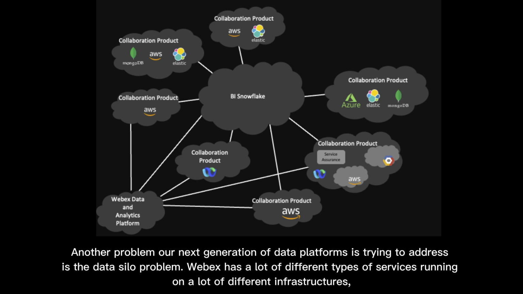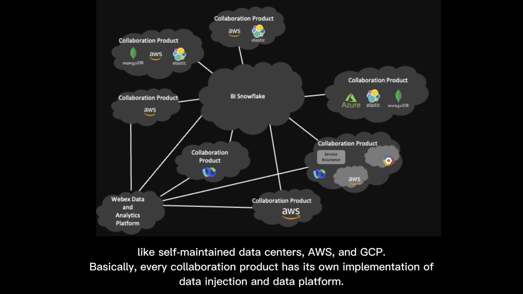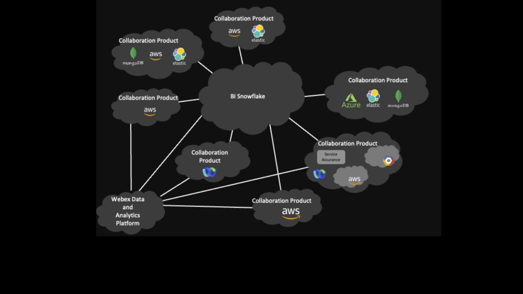Another problem our next generation of data platforms is trying to address is the data silo problem. Webex has a lot of different types of services running on a lot of different infrastructures, like self-maintained data centers, AWS, and GCP. Basically, every collaboration product has its own implementation of data ingestion and data platform.